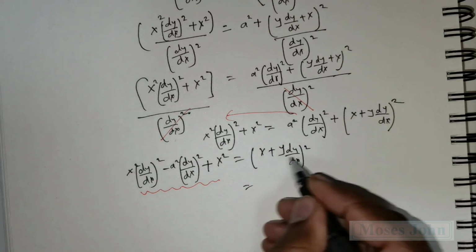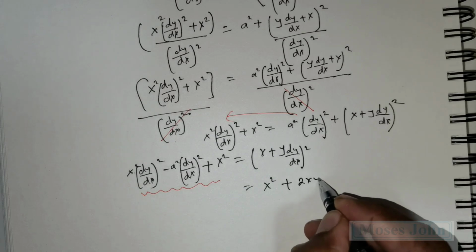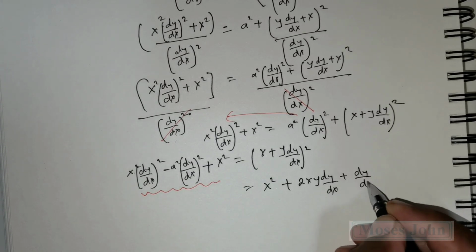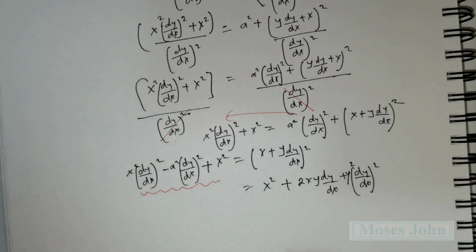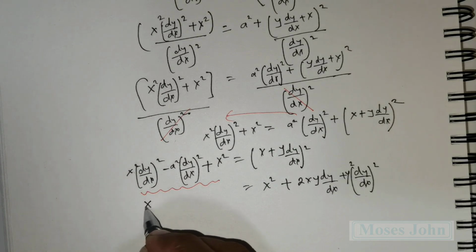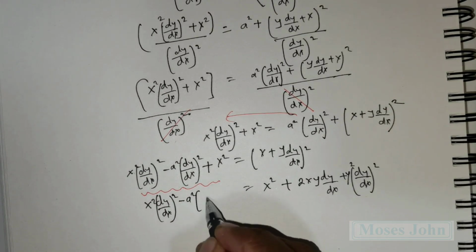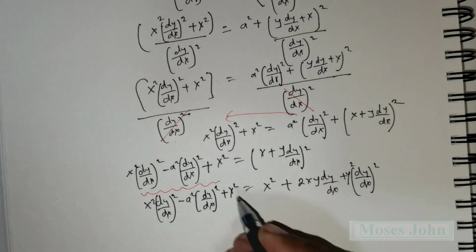Now I'm going to expand this right side. That will give me x squared plus 2 times xy dy over dx plus dy over dx whole squared along with y squared. On the left it's going to be x squared dy over dx raised to the power 2 minus a squared dy over dx raised to the power 2 plus x squared.